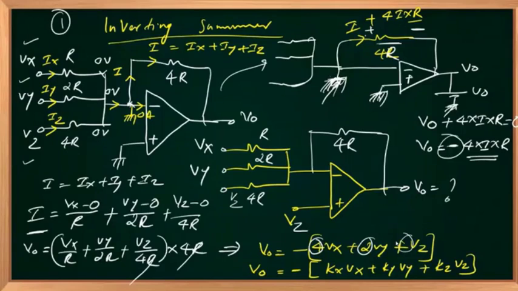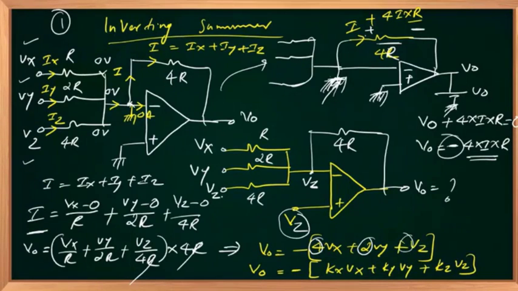Second case, Vz I have put at the positive input, and the feedback is negative. This implies V minus is also equal to Vz. V plus equals V minus. And there is no current flowing through 4R. Why?